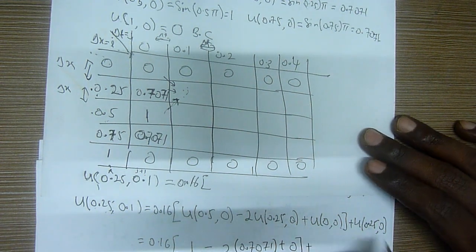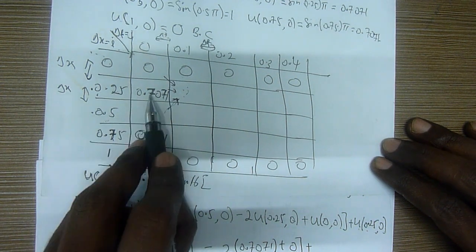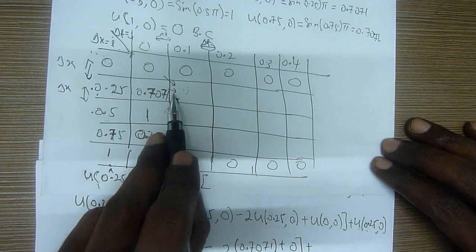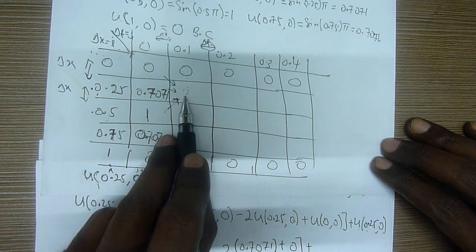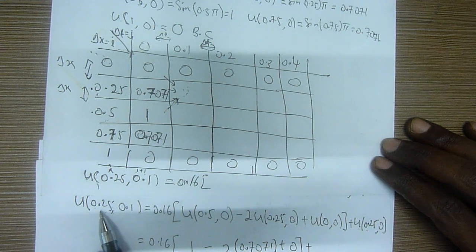What about u, 0.25? 0.25 with the 0, I'm pulling this again to the solutions here. I made a mistake here. This is i. Yes.